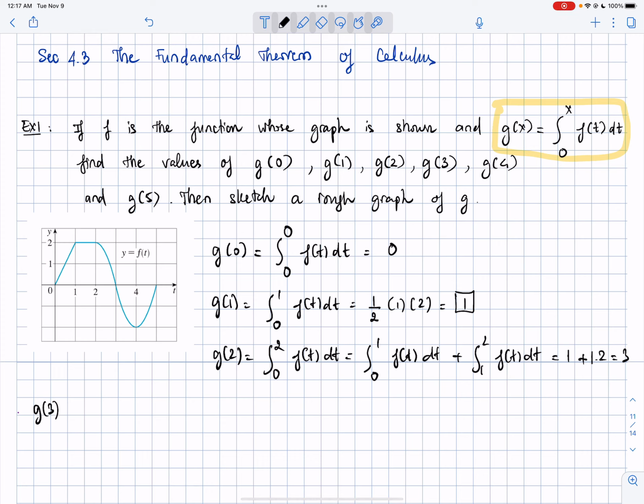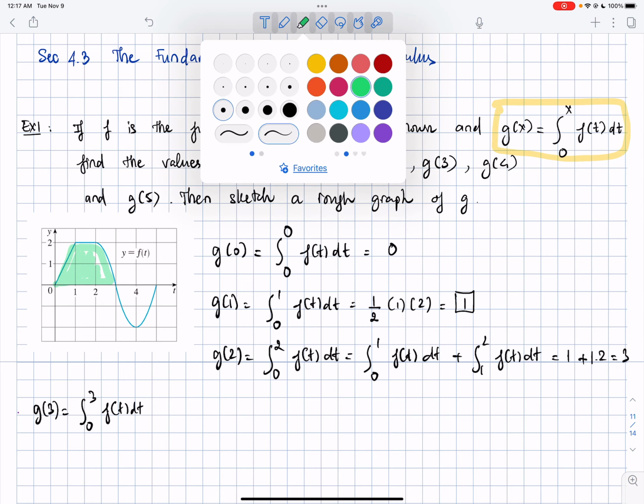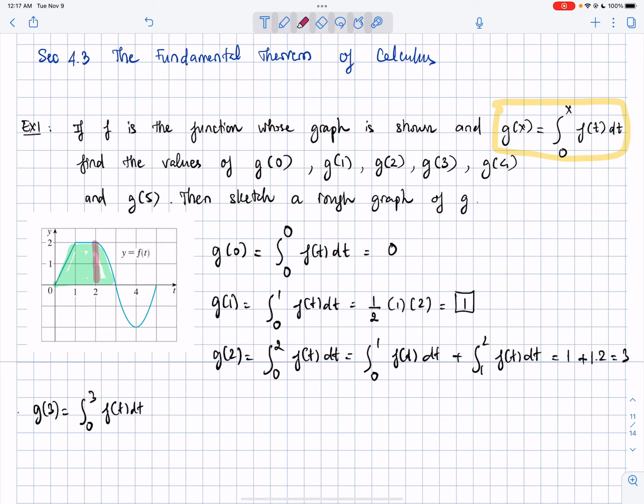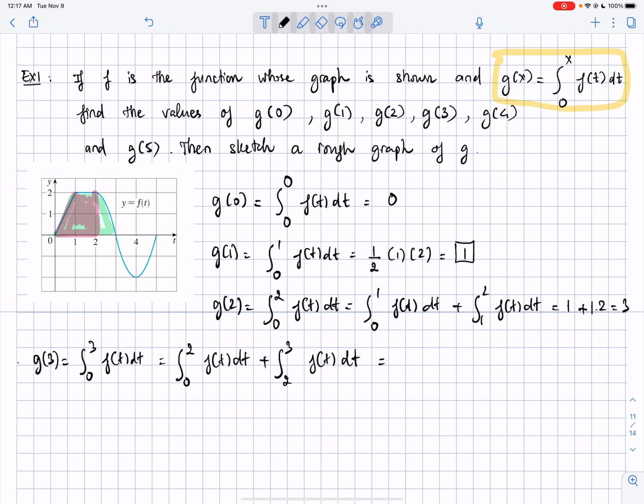Okay, so g of 3, we have from 0 to 3 of f of t dt. So what is the shape? This shape, right? We just calculated from 0 to 2, the red color, which is the integral from 0 to 2 of f of t dt, plus from 2 to 3 of f of t dt. 0 to 2, which is this, is g of 2.